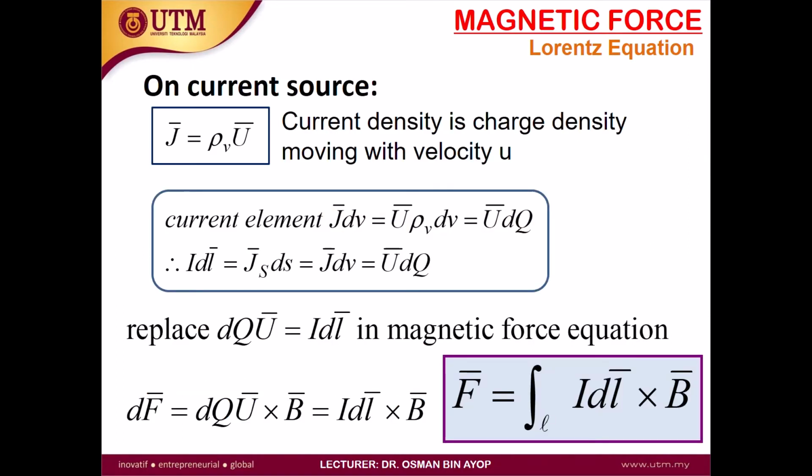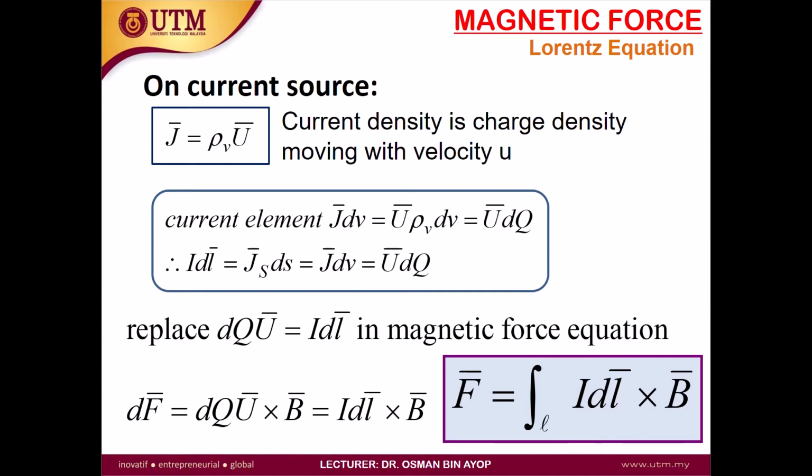Let's see the current source. As we know, the current density J is equal to rho V U. The current density is a charge density moving with velocity U. And you already know the current element, which is J dV, or we can expand it into U rho V dV.